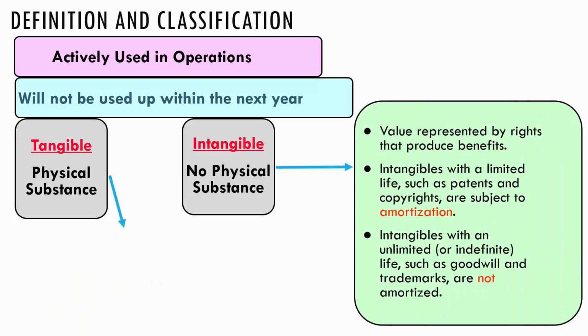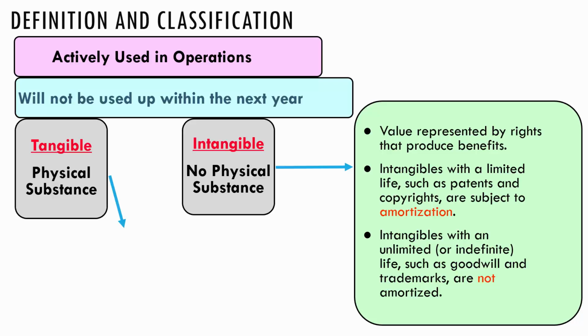Intangible, in contrast to depreciation, we usually call this amortization, because we recognize at some point in time a trademark will lose its value. A patent will no longer have value. And we figure out at what point they do not have value, and this is a period in which we will amortize it off.